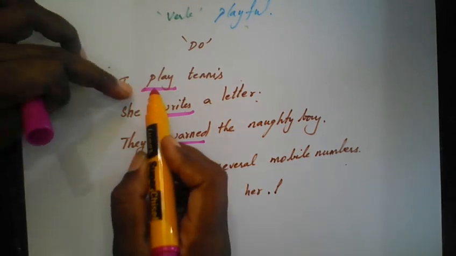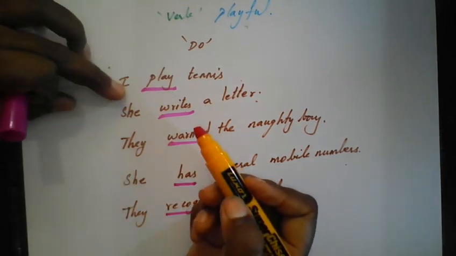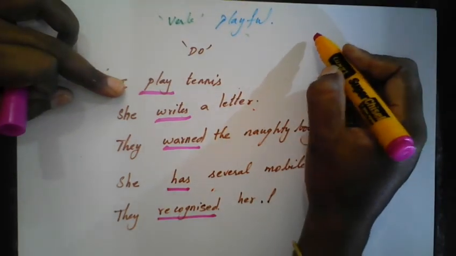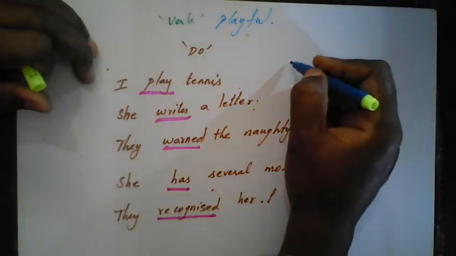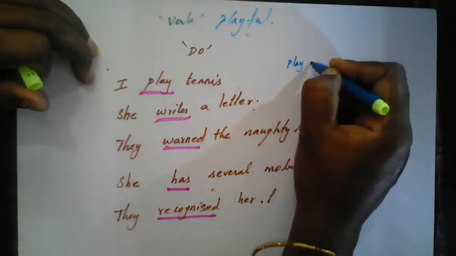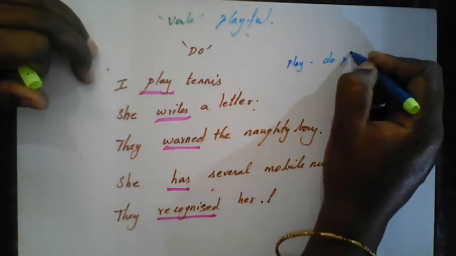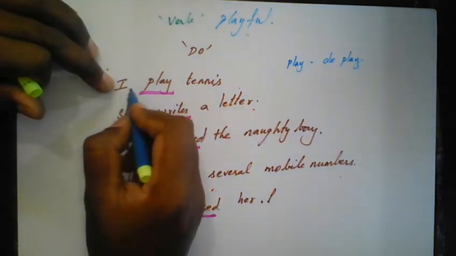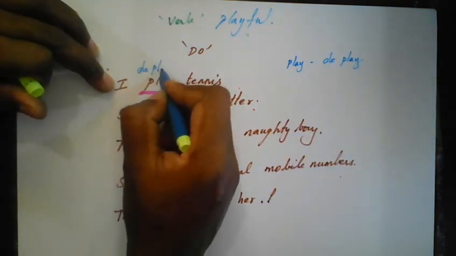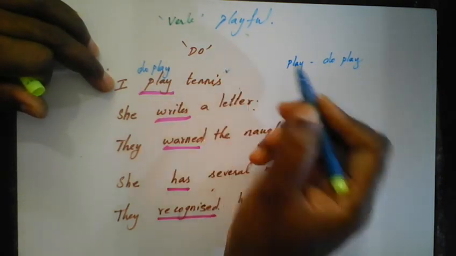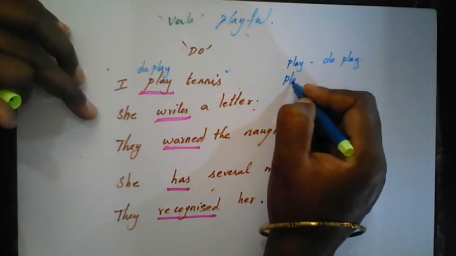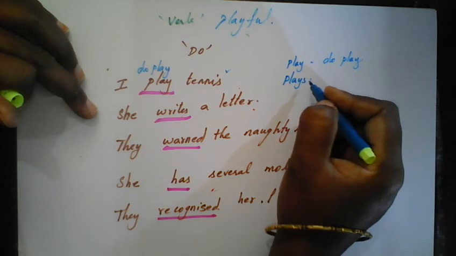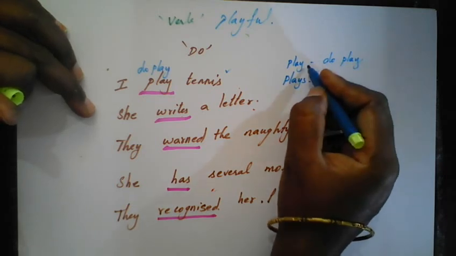Okay, see now, play can be written as "do play" in a sentence. If I write "I do play", it is correct. So if it is "plays", what will be hidden here?